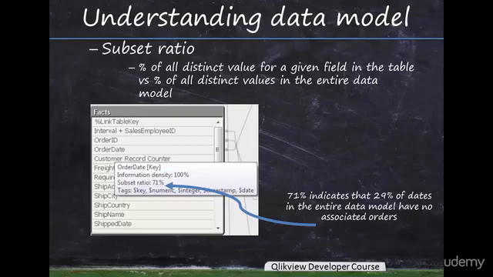So this is a short but important review of the data model and deeper understanding, as it will help you along the way as you evolve as a QlikView developer.